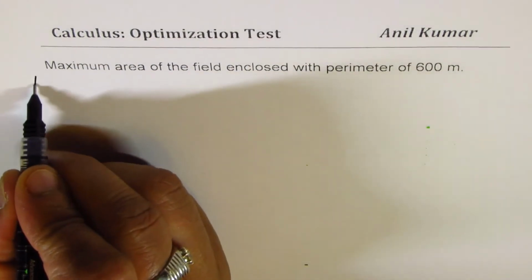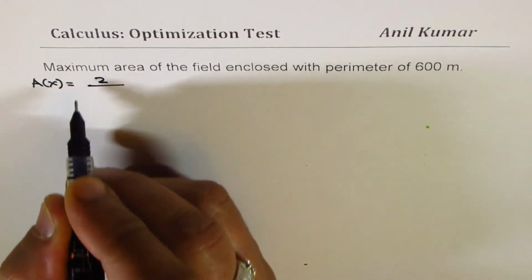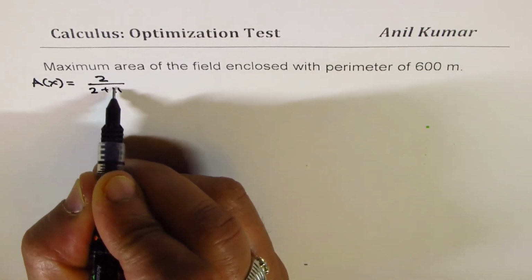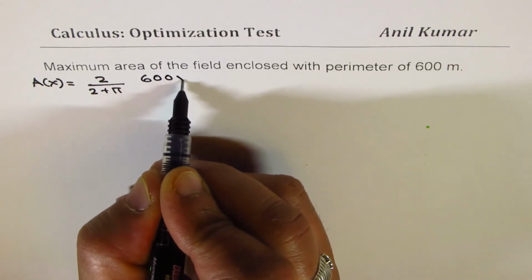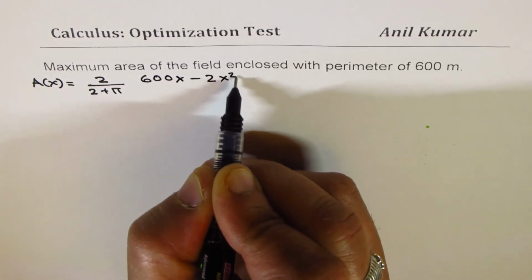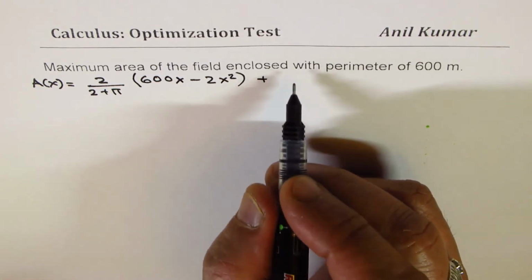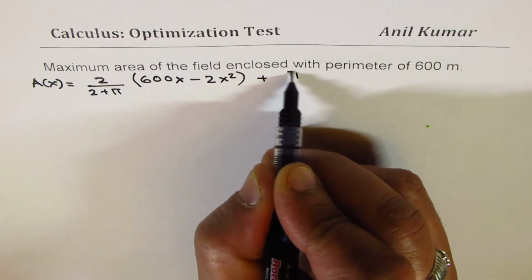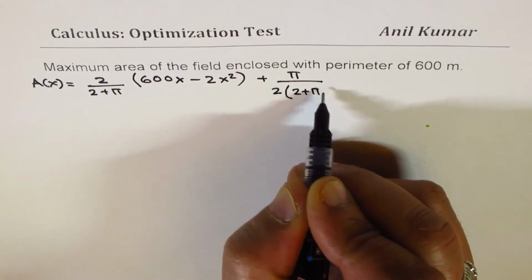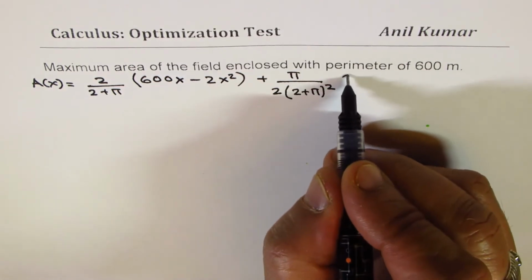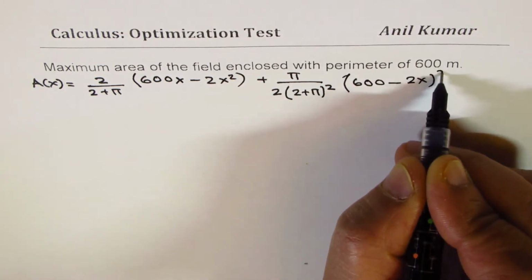The area function A of x can be written as, I'm just rearranging, 2 over 2 plus pi, these are constants, and we'll multiply x with 600, we get 600x minus 2x squared, that's the first term, plus the second term, we'll write this as pi over 2 times 2 plus pi whole square, and within the bracket we get 600 minus 2x whole square.